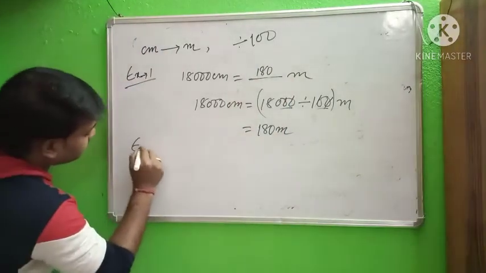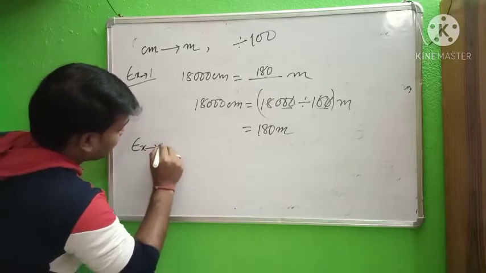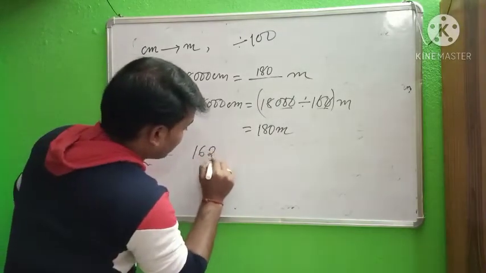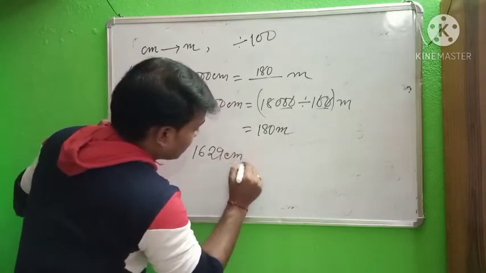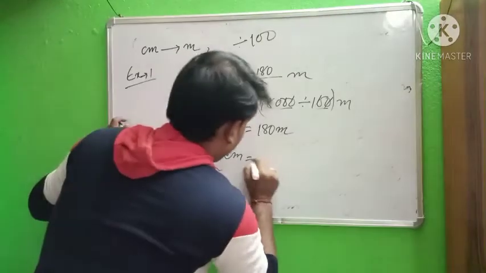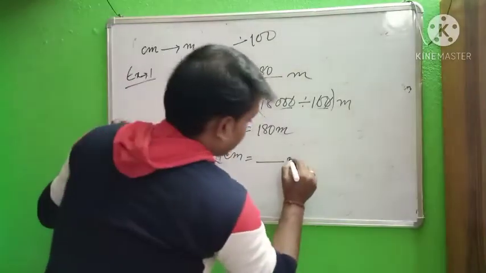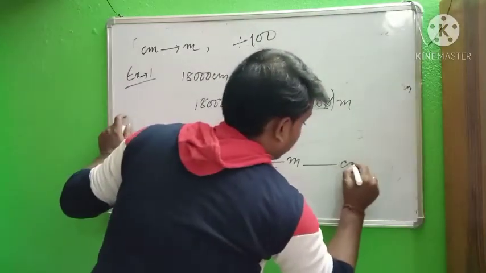Example 2. Okay. 1629 centimeter equal to how many meter and how many centimeter?